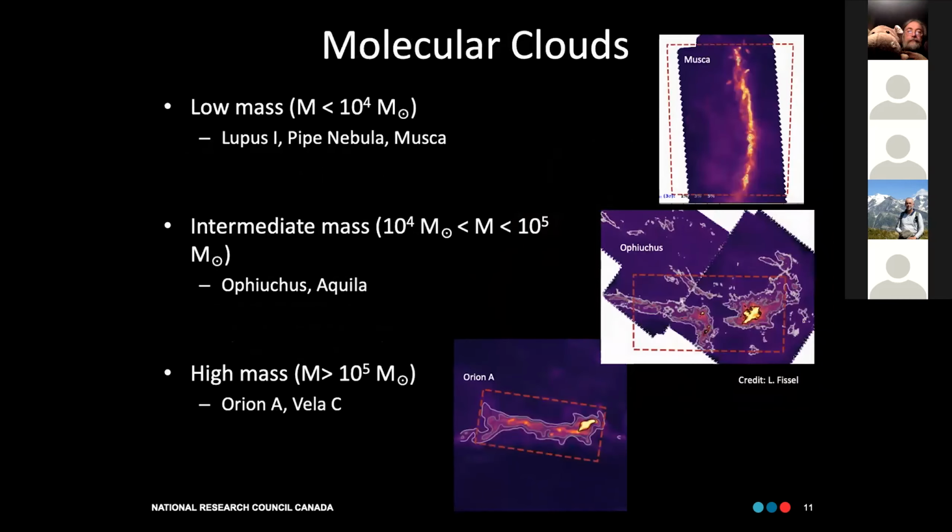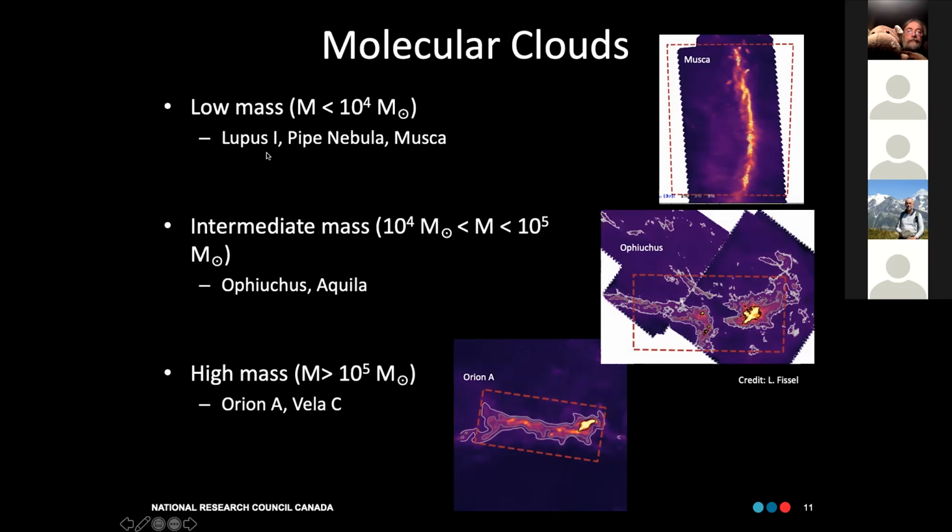So for exploring the role of magnetic fields in the star formation process, we also aim to have targeted molecular clouds within our own galaxy. And for these molecular clouds, we will have clouds with different characteristics, different masses, at different evolutionary stages. Particularly, we'll have low, intermediate, and high mass clouds.